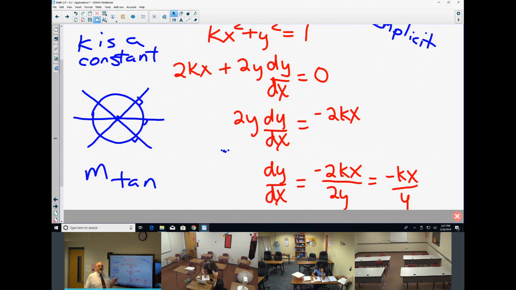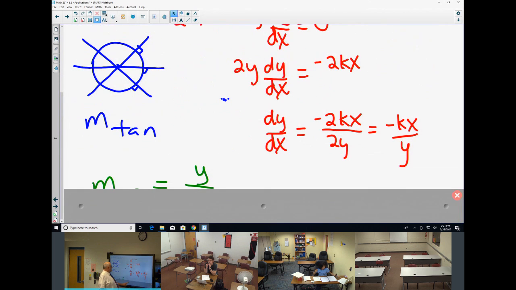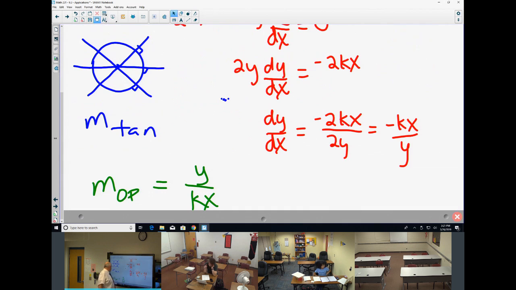All right, so then Jada, what would be the slope of the orthogonal trajectories, or all of the perpendicular lines to that? Y over kx. So you flip the fraction, change the sign. So the slope of the orthogonal projections or orthogonal trajectories is just a fancy way of saying the perpendicular lines.